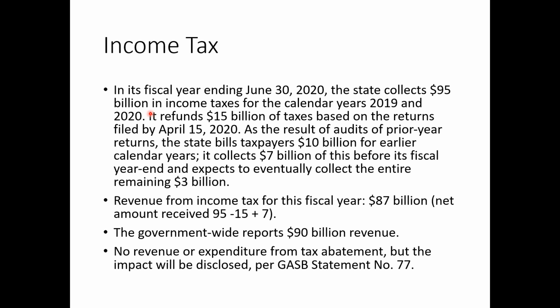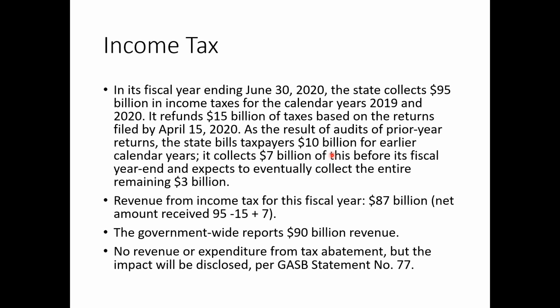It could be fiscal year 2020 or 2019, depending on the government's policy. Usually, it should be fiscal year 2019, right? It ended June 30th, 2020. Anyway, 95 will be recognized as revenues without problems, less the refunded, which reduces the income tax revenues without any problems.